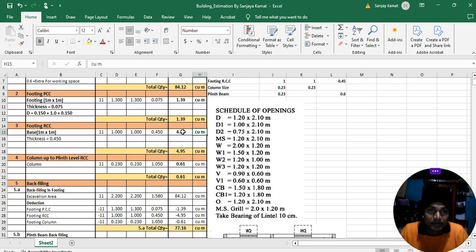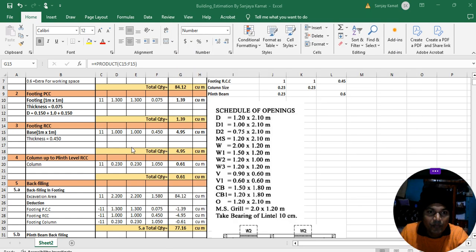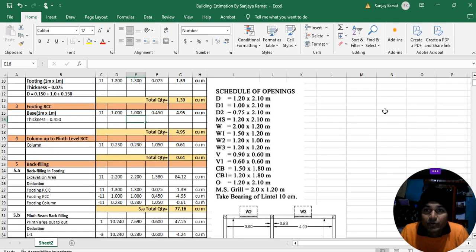If it does not come, then you will tell me. You can do it in an Excel sheet also, but I am not doing it because it will be rough. You can take the number 0 point.